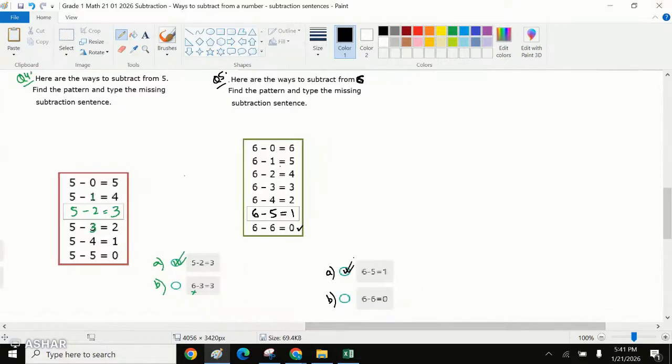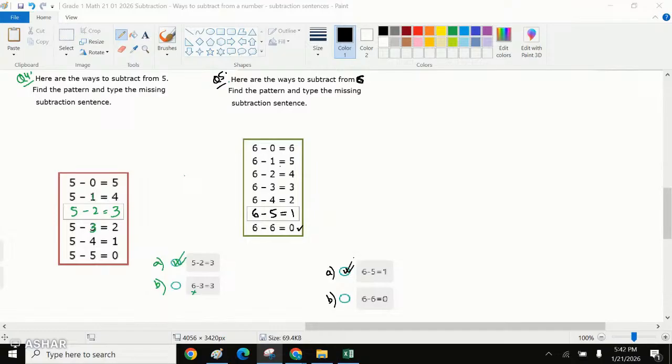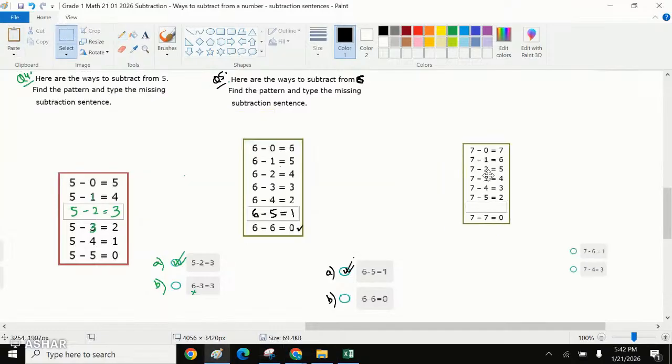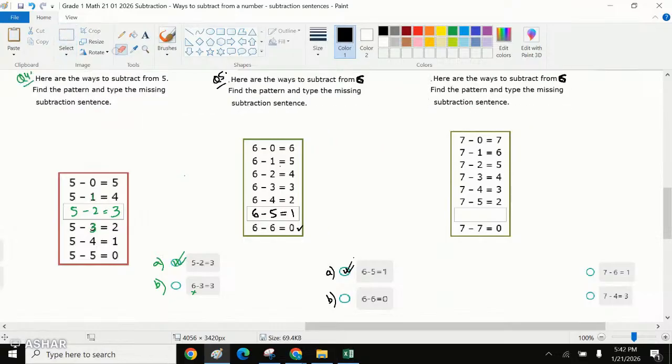Okay, let's try one more. The next question says subtract from 7. If we need to subtract from 7, I'll just realign them. This is subtraction from 7. I'll rephrase it.